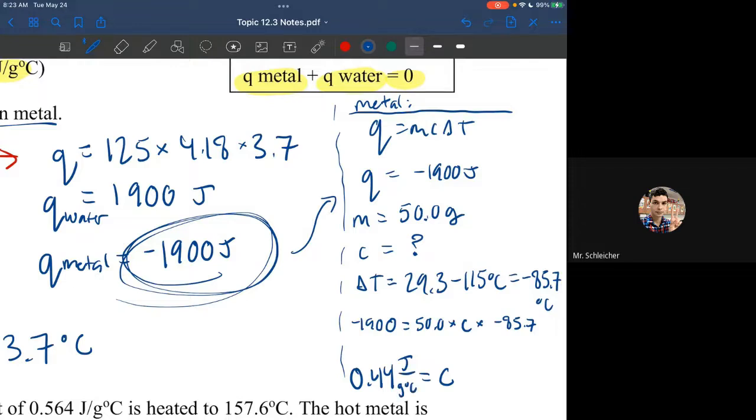And we just solved for the specific heat of this unknown metal that we dunked in some water. All we needed to know is the mass of the metal, the mass of the water, and the temperature changes that happen with the metal and the water. With this information, what we could probably do is identify an unknown metal if we didn't already know its identity.